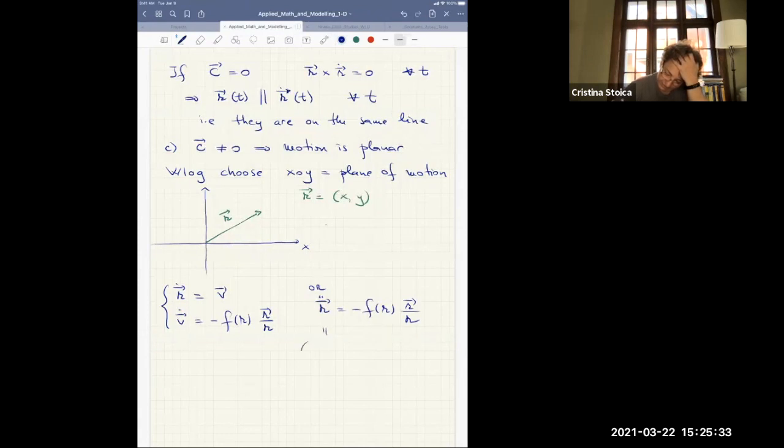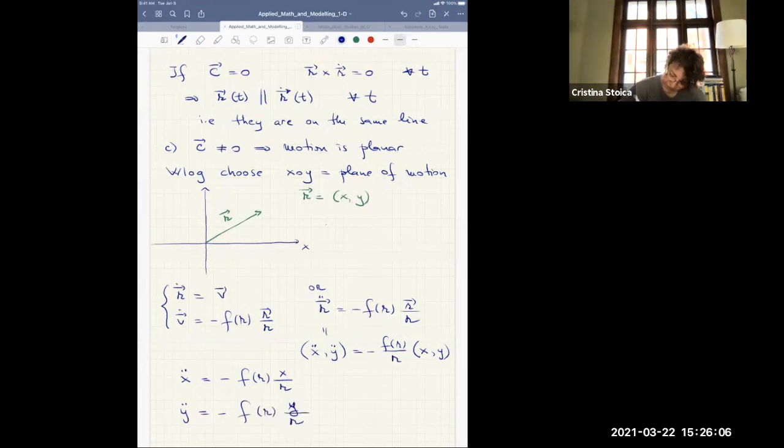Writing this as x two dots and y two dots, this would be minus f of r over r, and now vector r is actually x and y. So in Cartesian coordinates, over r, where r is the root of x squared plus y squared.